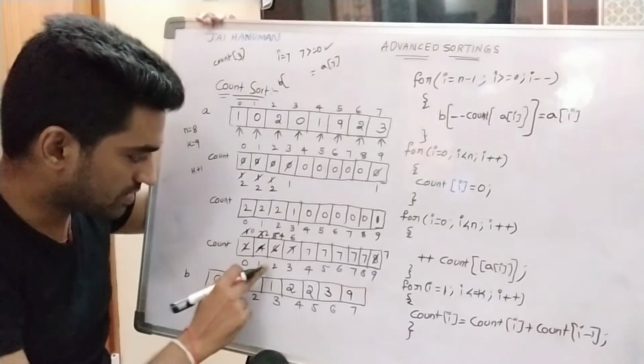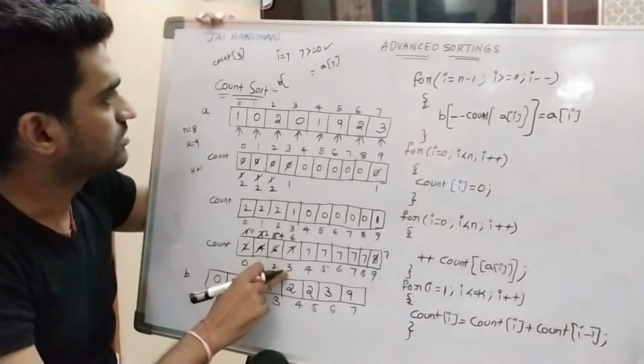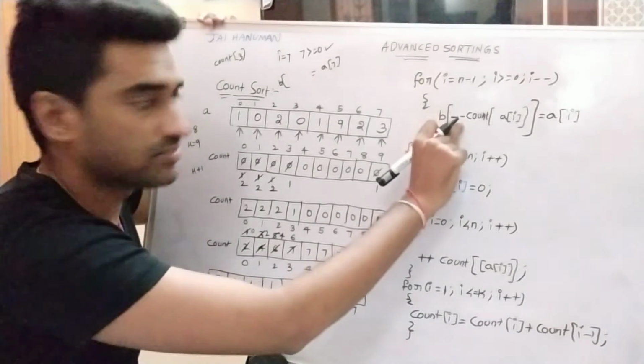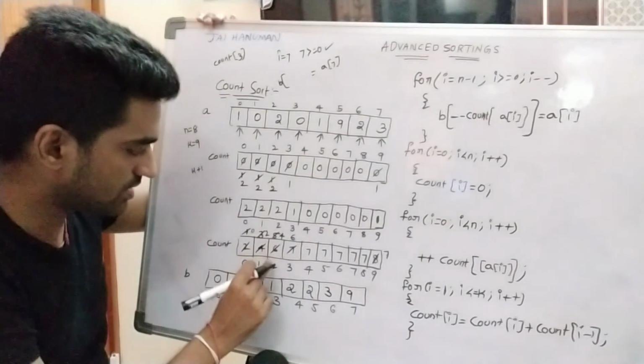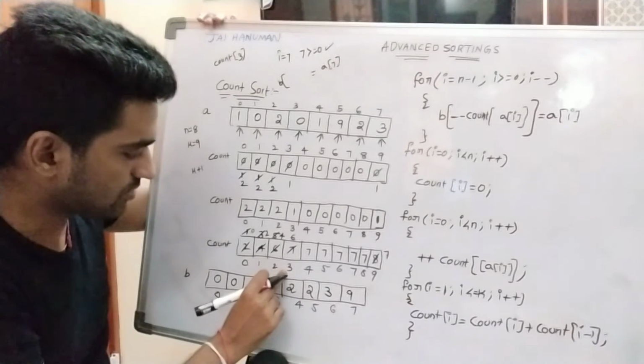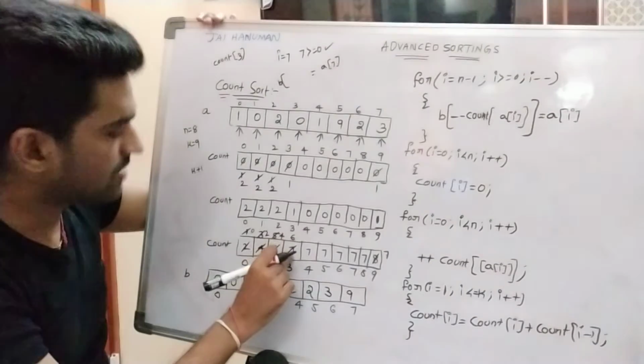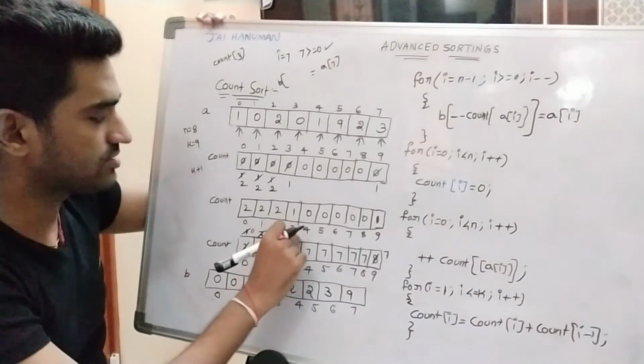So go to particular index 3, then that value is decremented. So count of 3. What is the count of 3 value? It is 7, that is decremented by 1, 6.